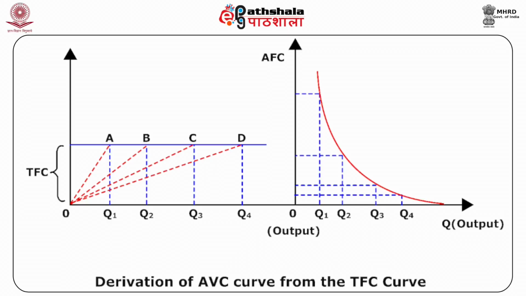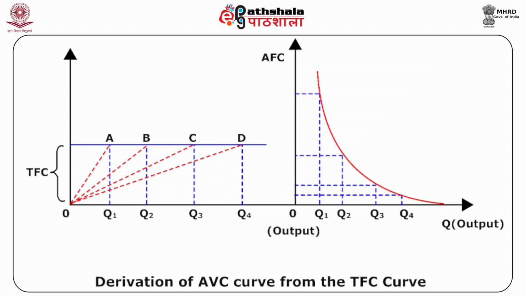Now, this has to happen in a certain manner. That is because the denominator, the measurement on the x-axis, is the quantity, and when quantity is multiplied by the average fixed cost, it should always be equal to the total fixed cost. Therefore, we have to have a geometric property that at each level of output, the average fixed cost multiplied by the quantity should always be equal to a fixed number, which is the total fixed cost. Now, a rectangular hyperbola has this property.